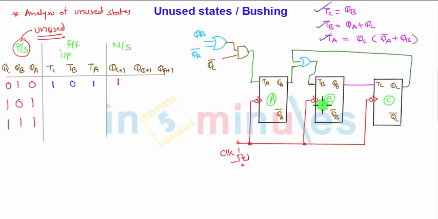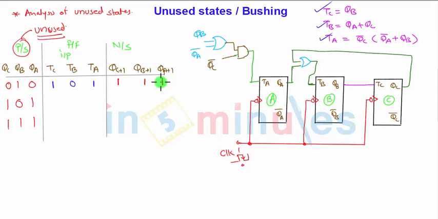The flip-flop B having input TB which is 0, the next state will be a copy of the present state as it is. So it will repeat the present state, which is 1. So QB plus 1 is equal to 1. And finally the TA bit is 1. Flip-flop A having input 1 will complement or toggle the previous state. The previous state is 0, which will be toggled to 1.